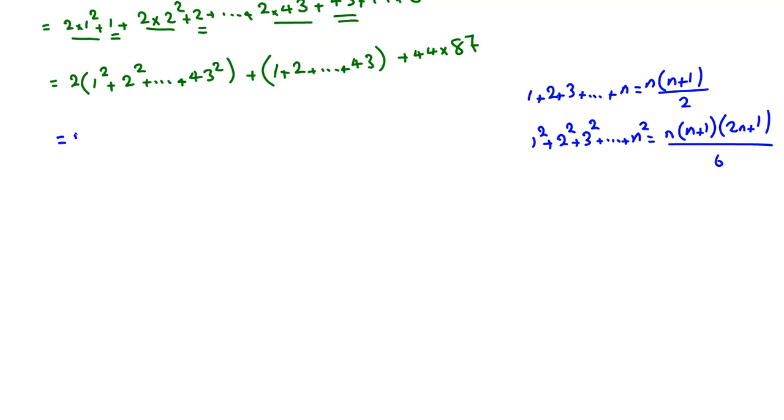You should memorize these two identities. So if we calculate, the first one is 2 times, we should use the second identity, n is 43, times 44, times 2 times 43 is 86 plus 1, 87, all over 6. The next one, 1 to 43, is 43 times 44 over 2, plus 44 times 87.